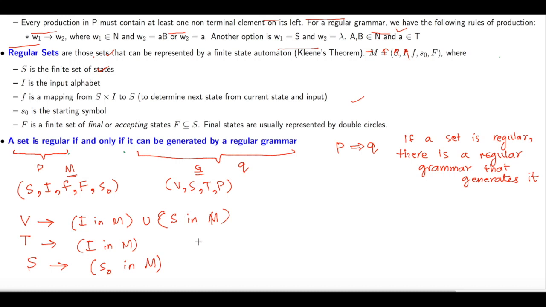So the productions. If we have a situation like this, SA at an input of A goes to SF, so I change it to A. You can appreciate that we are doing the exact opposite of what we did in the first forward part, the previous part of this theorem.